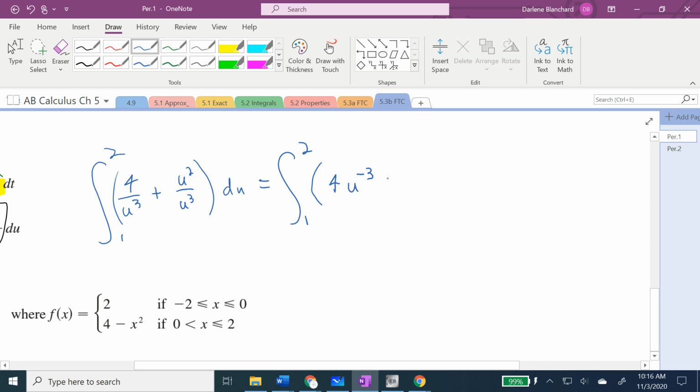And what is u squared divided by u cubed? That is the one that is best if we leave it as 1 over u to remind ourselves that this is that one time we are allowed to get natural log out. And the one time that we don't use the power rule. So let's integrate.